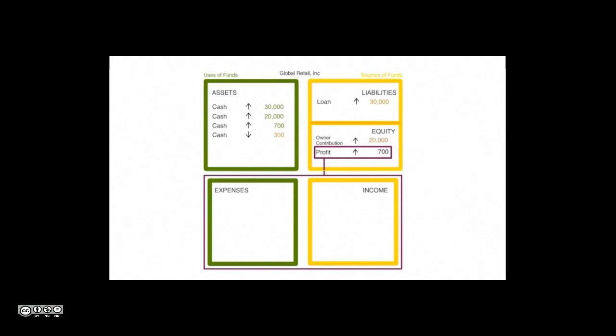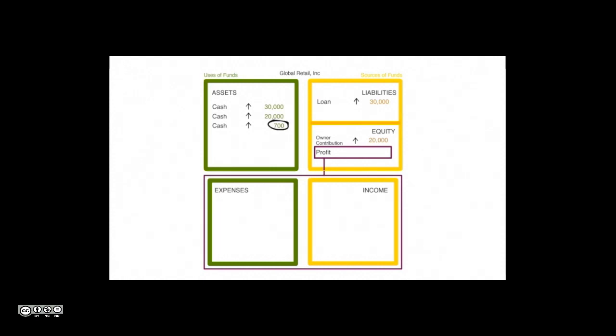Now, let's redo the $700 and $300 transactions using these new income and expense sections. When the business makes a sale transaction of $700, how would we now record it using the 5-box framework? The 700 cash effect will still be recorded in the asset section, business bank account.